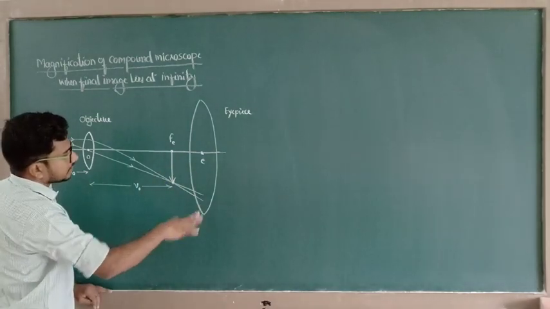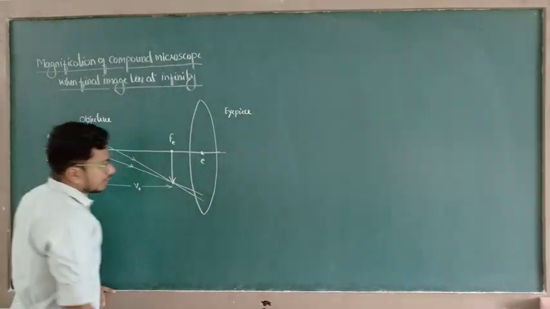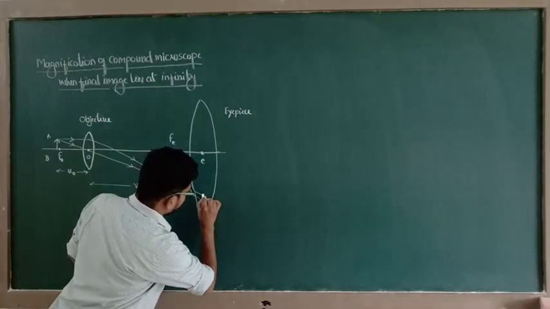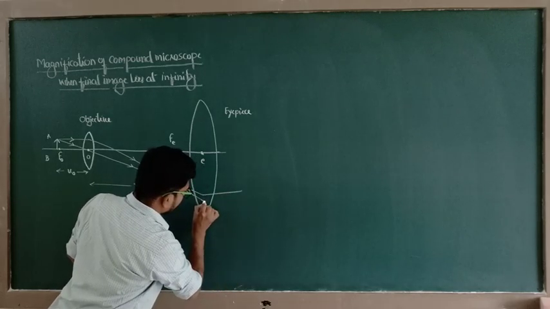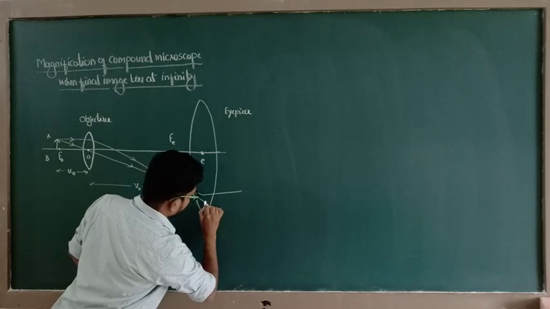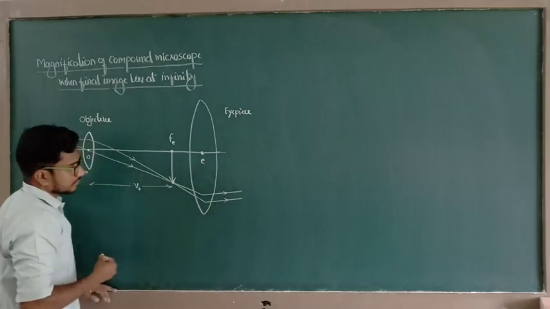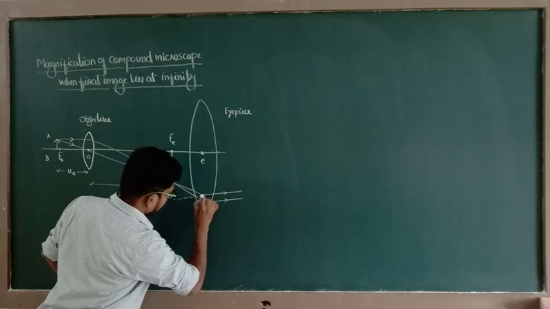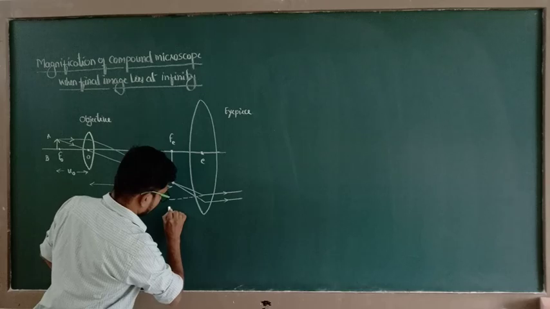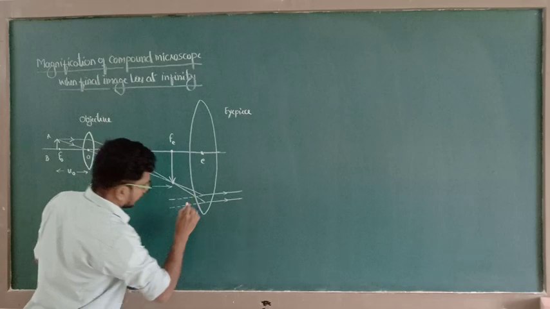These two light rays are incident on the eyepiece, and after refraction we get a parallel beam of light. By proceeding these two light rays in the backward direction, we can say they are going to meet at infinite distance.